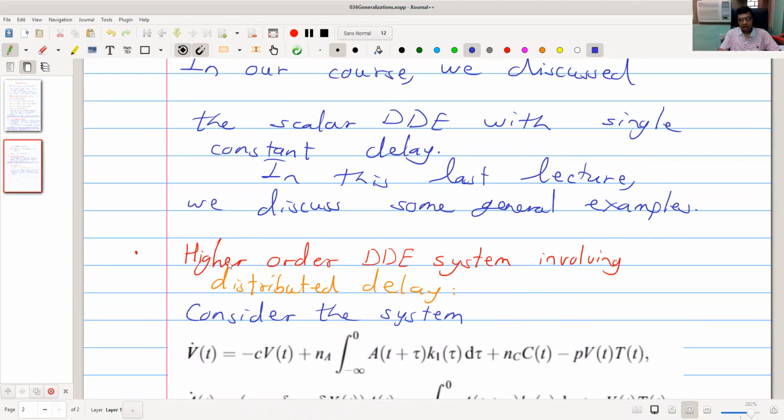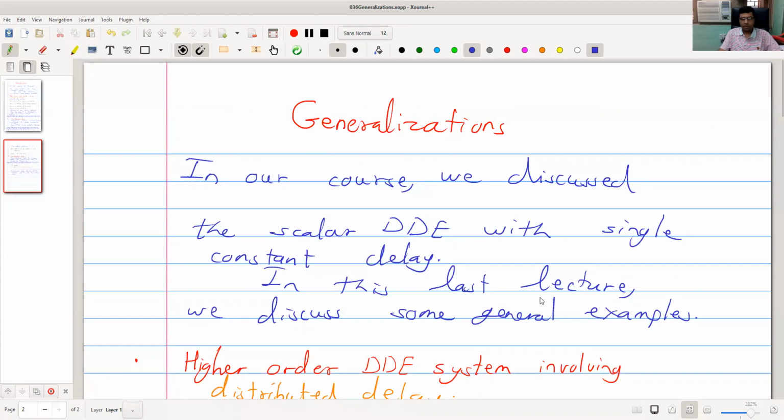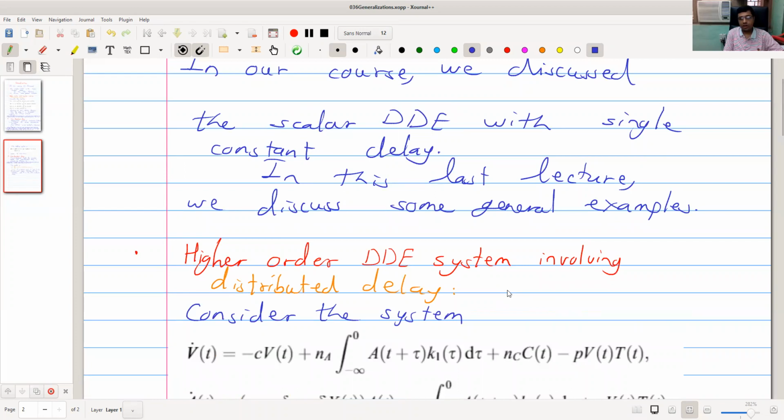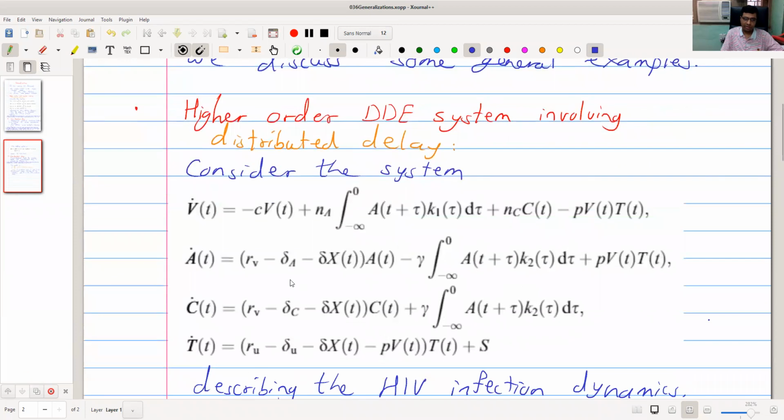The next generalization is higher order delay differential systems involving distributed delay. Mainly we are concerned with first order delay differential equations, but we can have higher order systems also. Further, we considered constant delays. Here, there is another thing, that is distributed delay. This is a system of 4 equations, and here you can see a of t plus tau, and this integral is with respect to tau.